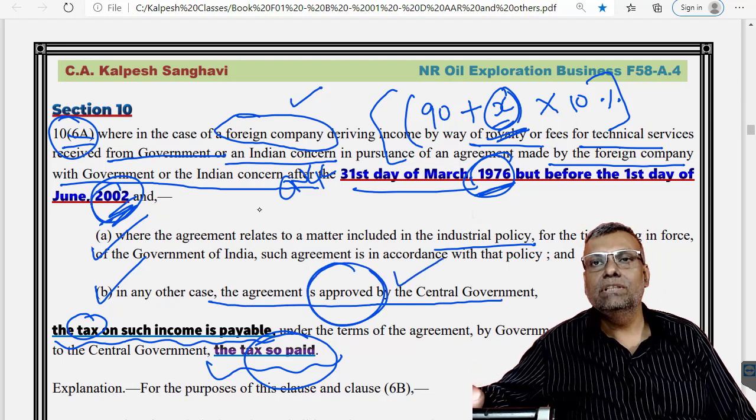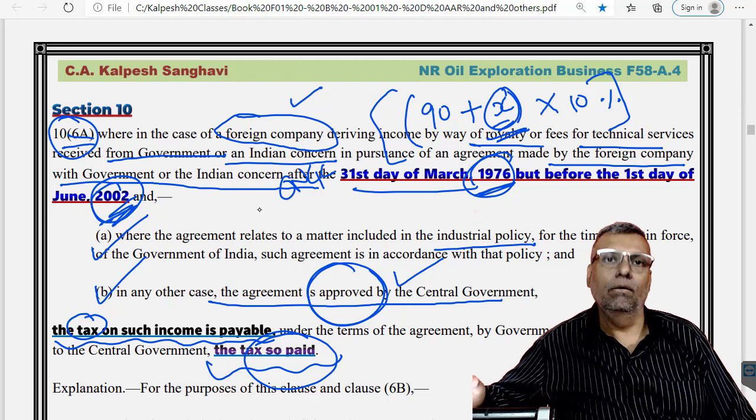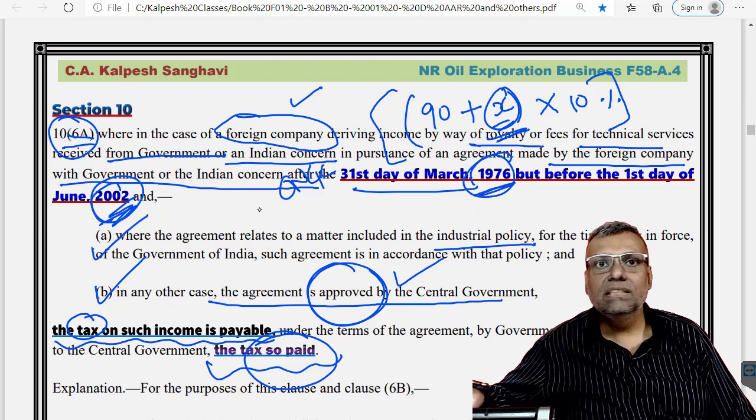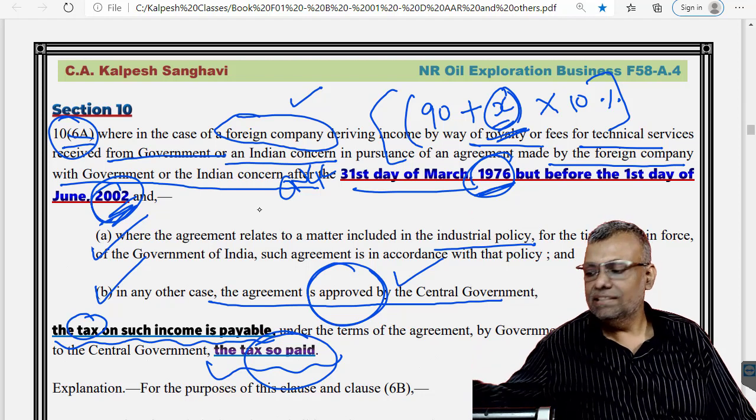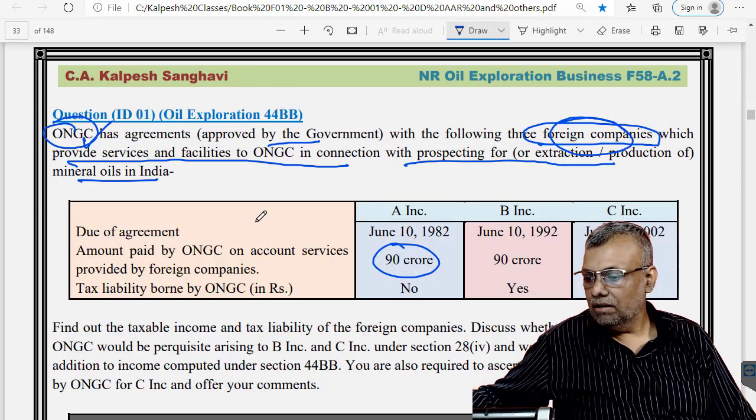In our situation, it is already approved by the government. Is that very much clear? So whether this condition of section 10(6)(a) is satisfied or not, let's go back to the question.